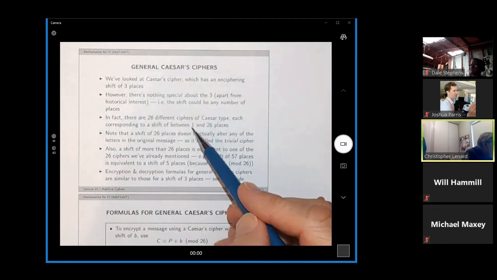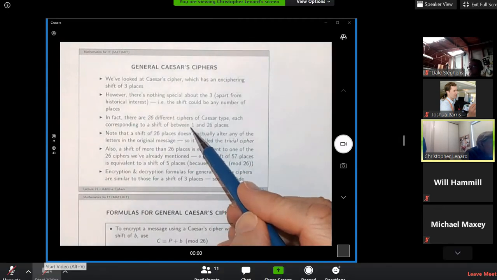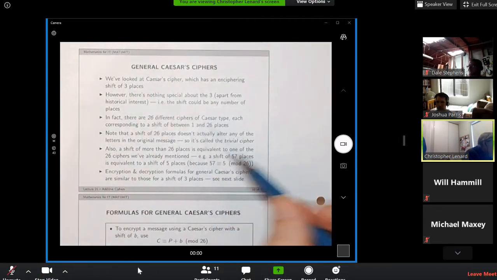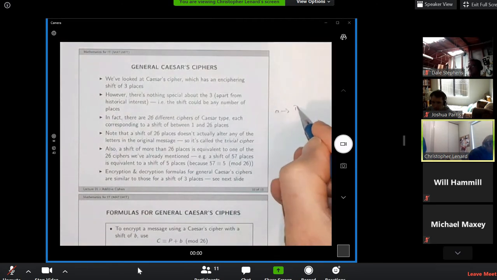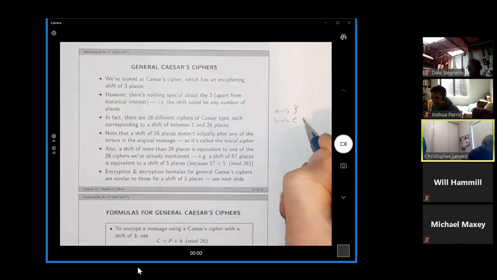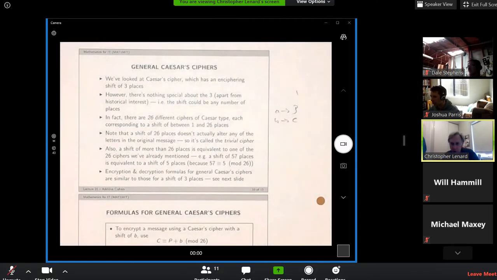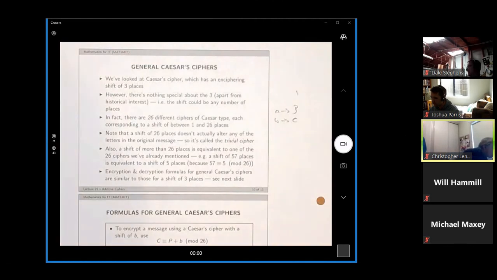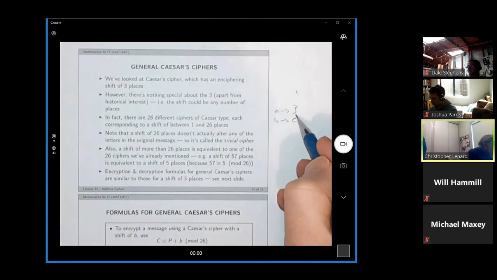So your shift could be 1 place forward, so A becomes B, B becomes C. That'd be a shift of 1 spot. Sorry, I've got a cough. Sorry about that. So you could shift forward 1 spot.